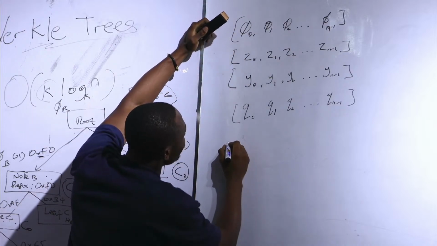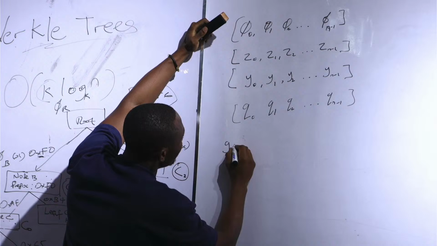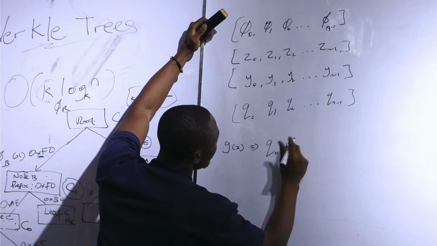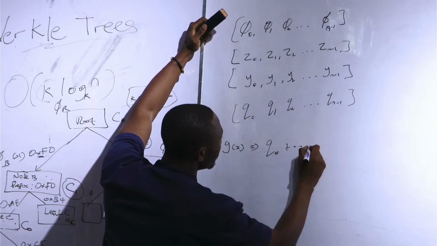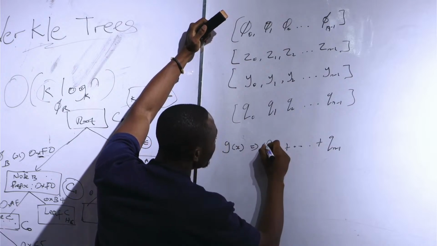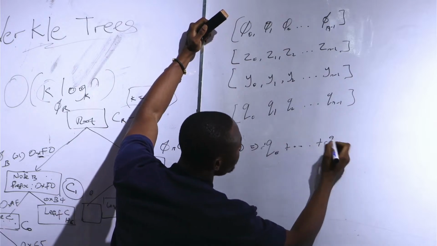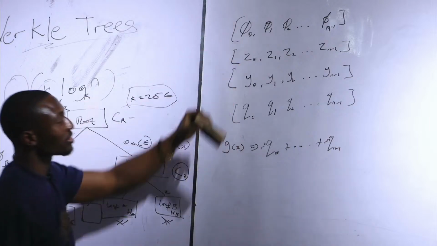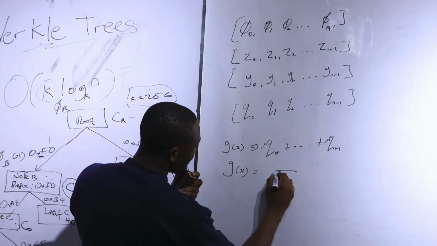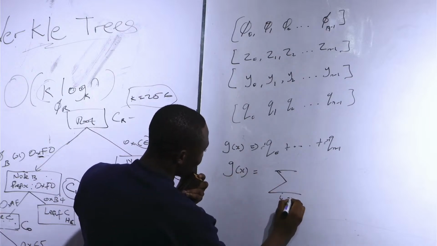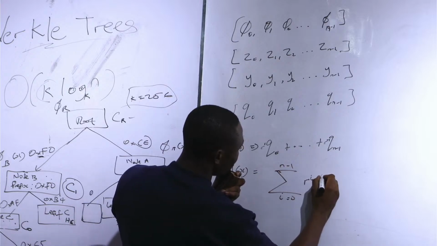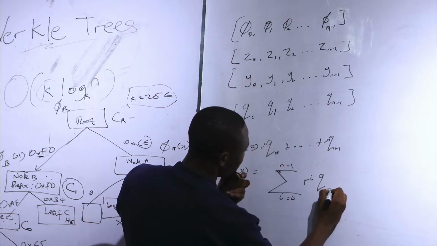So now we have G of X, which is the summation of all these quotients from 0 up to n minus 1, each multiplied by the random value raised to the power i. So G of X is equal to the summation of R to the i times Q of i.